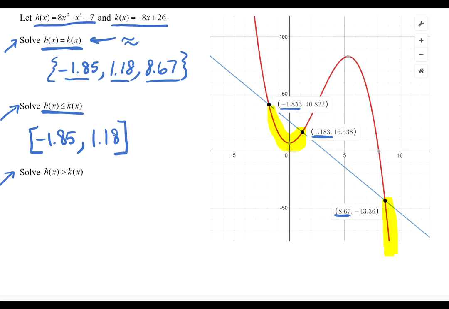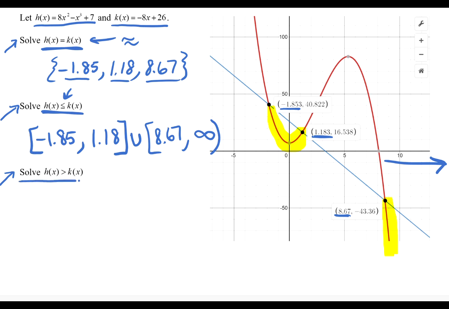You use brackets there because of the equals involved in the inequality, union, and then the next shaded region starts at an x value of 8.67 going on to infinity. Remember, even though it's going down, you're thinking about what's happening as you go right, and that would be the x values going to positive infinity.